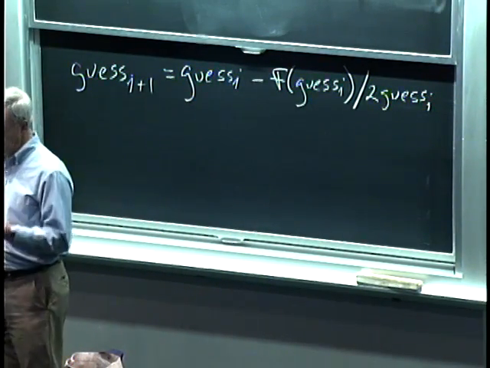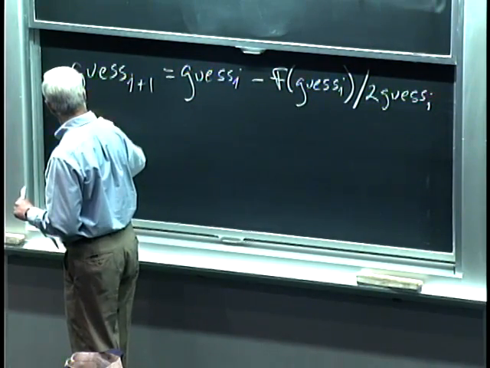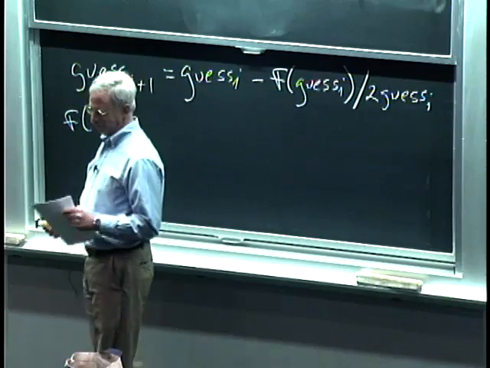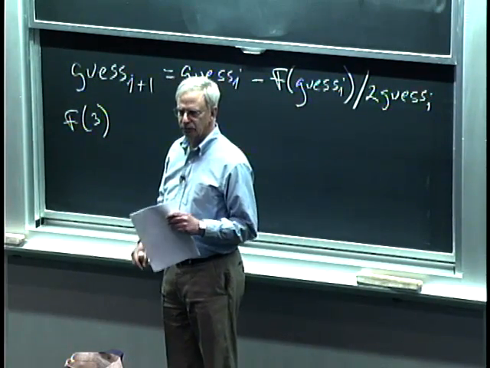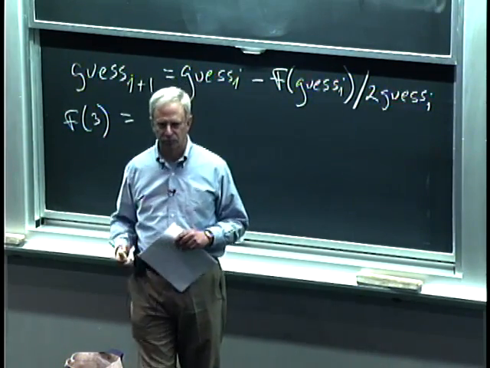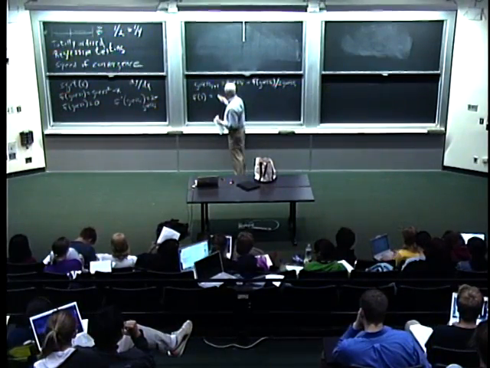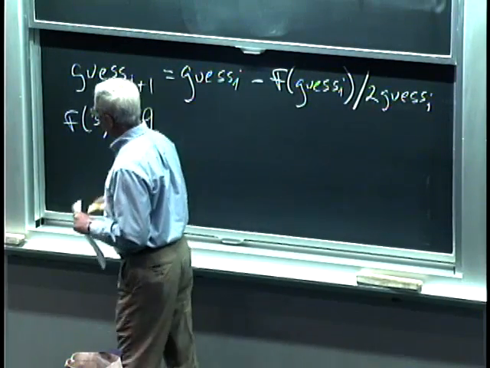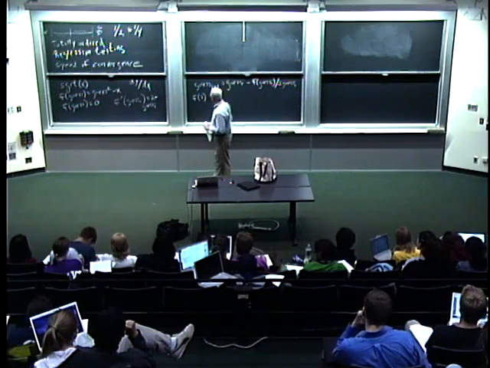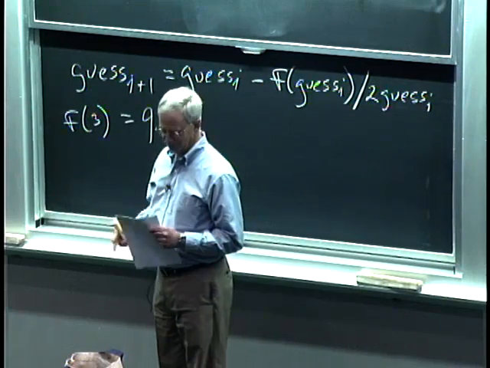So let's look at an example. Suppose we start looking for the square root of 16 with the guess 3. What's the value of the function f of 3? Well, it's going to be, we look at our function there, guess squared. 3 times 3 is 9, I think.